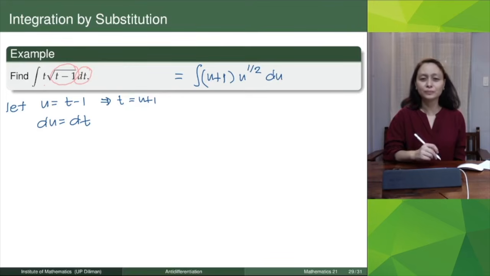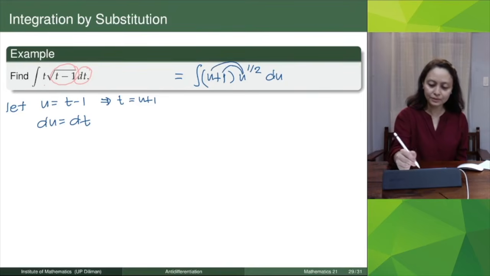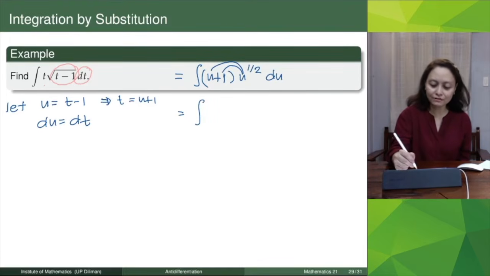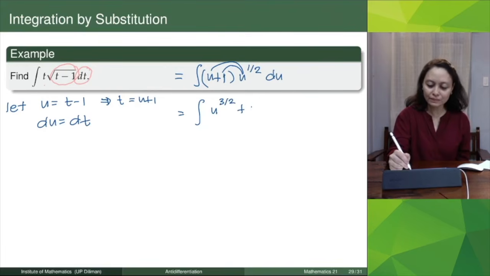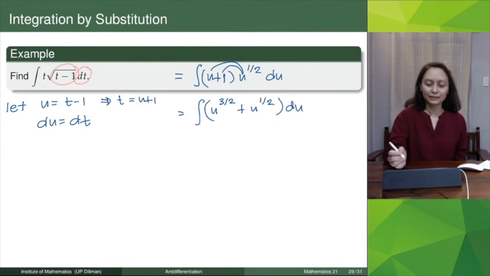Okay? Again, hindi nyo pwedeng kunin yung integral ng or antiderivative ng bawat factor. So, dito pa lang, distribute muna natin yan. Okay, so u times u raised to 1/2 is u raised to 3/2 plus u to the 1/2 times 1 is u to the 1/2 du. Okay? Yan. Next, we get the antiderivative of each term. Antiderivative of u raised to 3/2 is u raised to 3/2 plus 1 is 5/2.